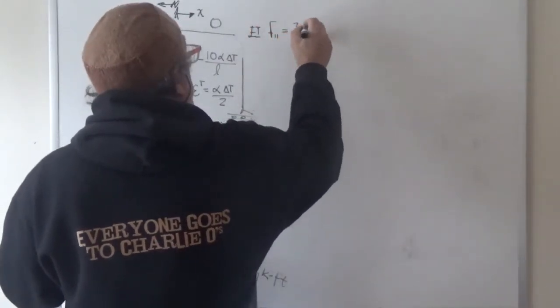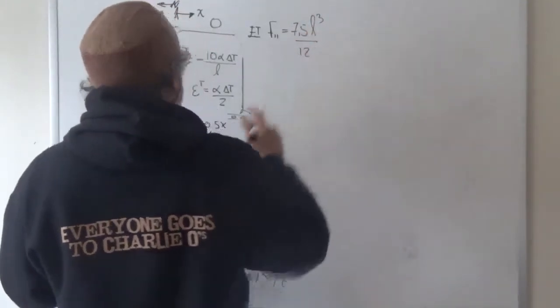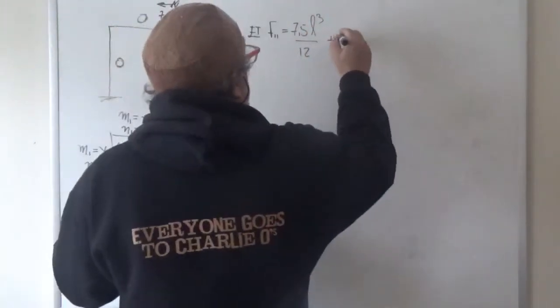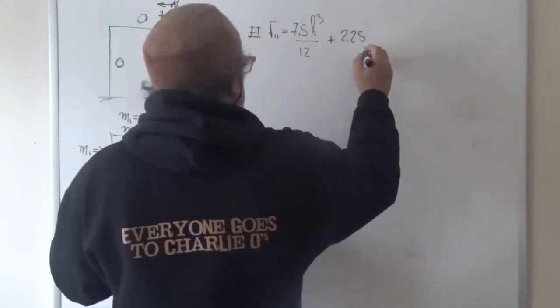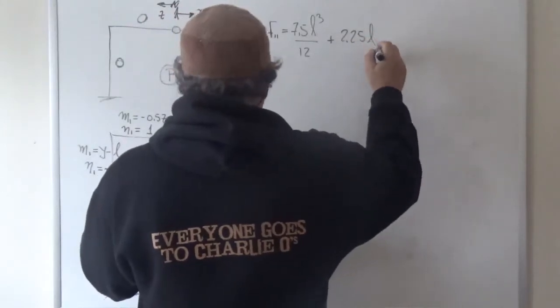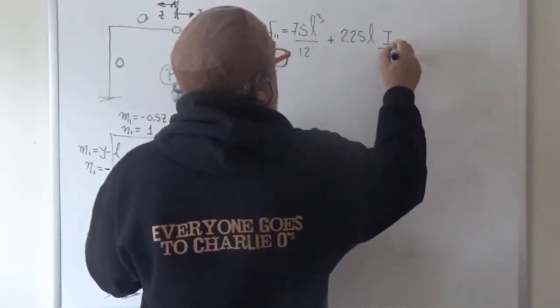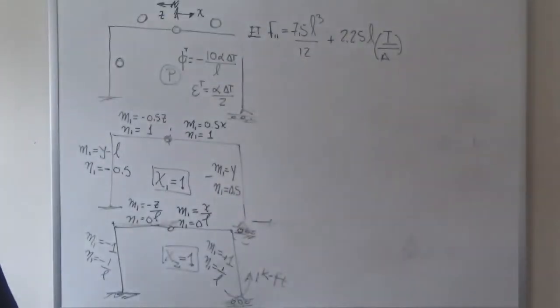It's going to be 7.5 times L cubed over 12, right? Plus 2.25 times, since I multiplied, so that's going to be times L times I over area. So that's how EI times F11 looks, right?